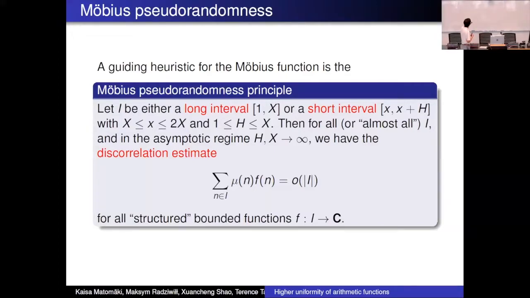So if you take any structured bounded function, a function on this interval which is bounded, say, by 1 in magnitude, and structured, which is a very vague term that I won't really define here, I'll give some examples, then the Möbius function should have some cancellation when you take its inner product with the structured function: you should get little o of the trivial bound of the size of I, which is what you get from the triangle inequality. Basically this is saying that the Möbius function does not behave like a periodic function or some other structured object. So this is a very vague but quite useful guiding principle about the Möbius function, that it basically behaves like a random function, despite being multiplicative.